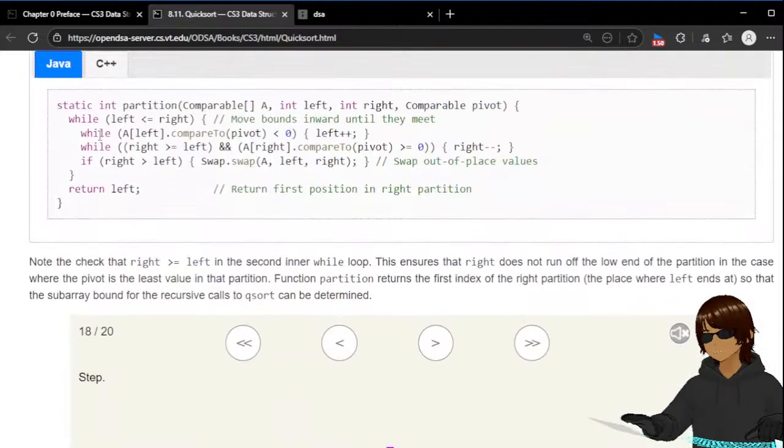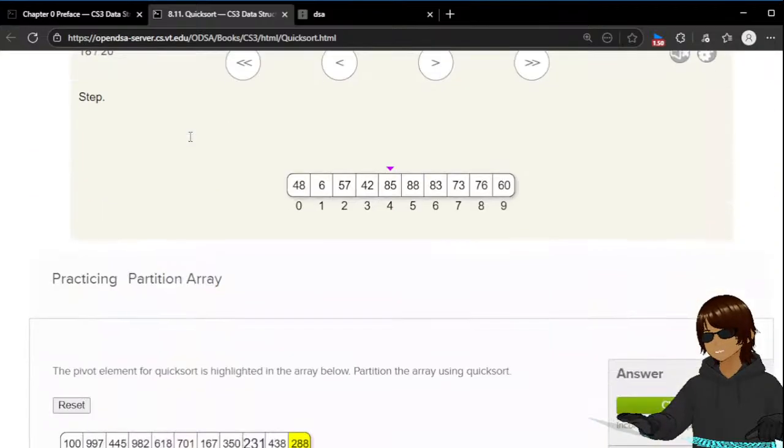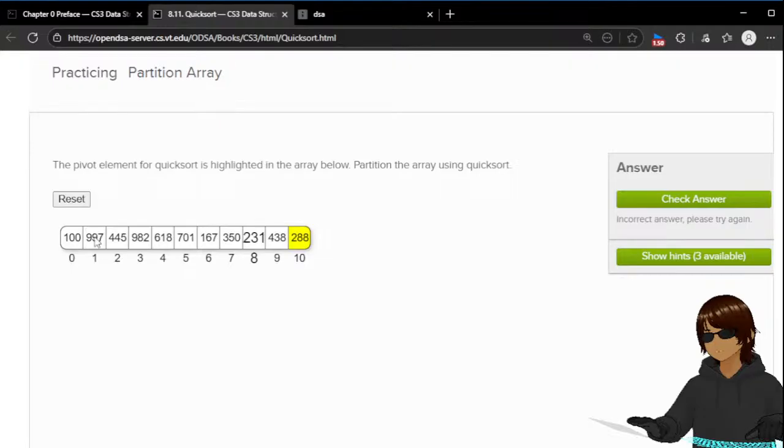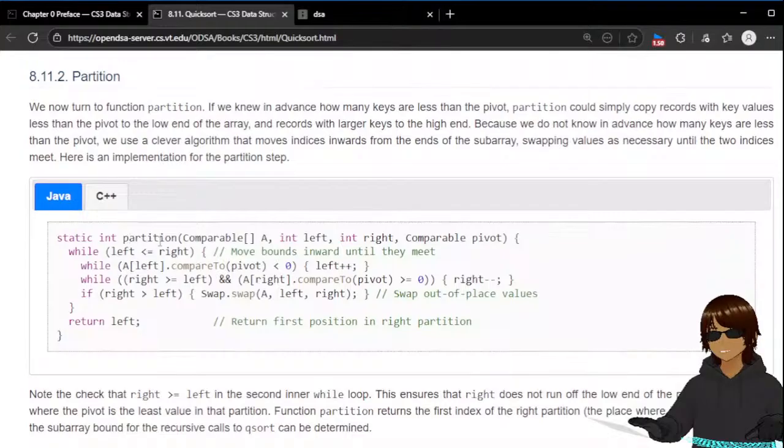Wait, hold on. For the left one, we keep incrementing until we find something that is less than 288. So from 0, we keep incrementing until we find one which is less than 288. And it's index 1. So left points at 1. From the right, we keep incrementing. Wait. No, I got it reversed. From the left, the values have to be less than the pivot.